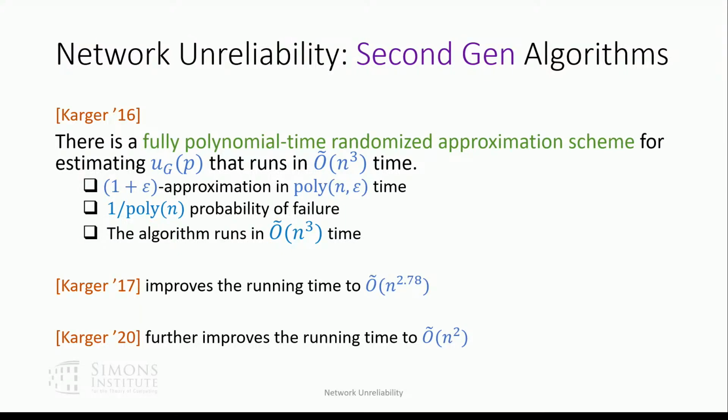In the second step, going from 2.78 to 2, it's exactly the same algorithm, just a better analysis. But all three use the same basic idea, used in a more refined way in the later algorithms, and quite different from what was happening in the previous generation.